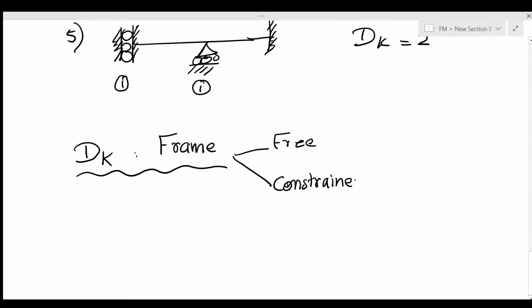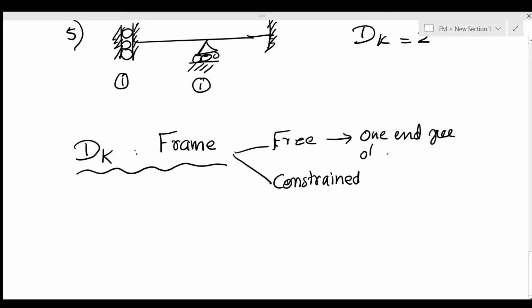So what is a free frame? As the name indicates, one end of this frame will be free to move and the other end is constrained. So one end is free and the other end is constrained. These types of frames are known as free frames.